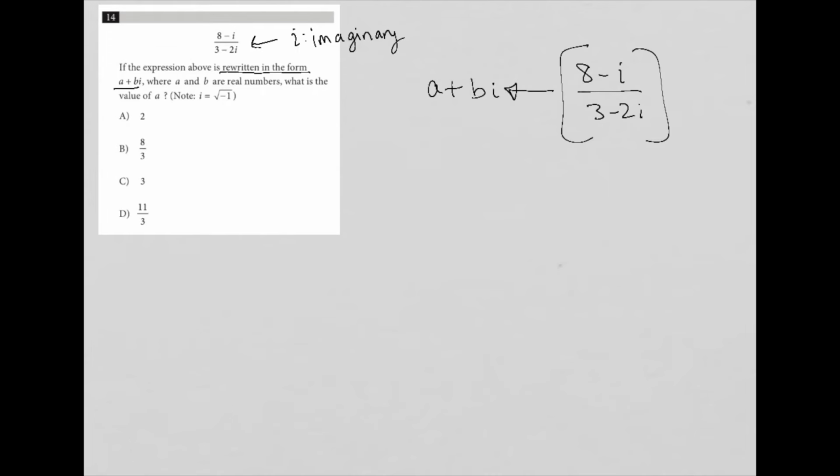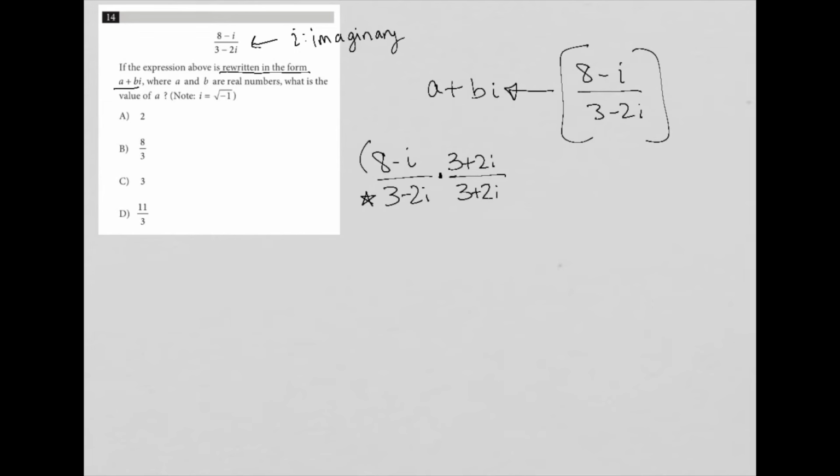So what can I do with this fraction here to simplify it? So if you recall, we don't like to have imaginary numbers in the denominator. So what I'm going to do is multiply by the conjugate, which hopefully sounds familiar to you, and is really just the denominator with the sign flipped in the middle. So instead of minus 2i, I have plus 2i.